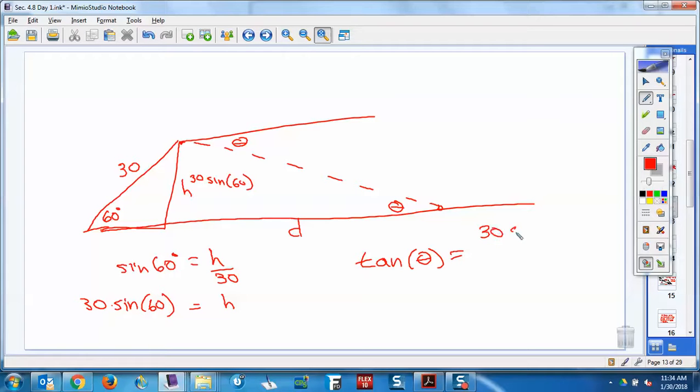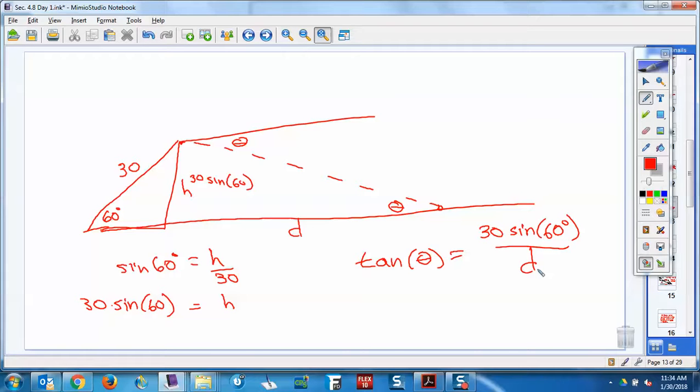equals 30 sine 60, or if you went ahead and got a decimal for that, that's fine. That'd be perfectly fine. But I like writing it out just because I don't have to worry about rounding and all that stuff. Over d, right? Now, I would be okay if you stopped right there, but it says find theta in terms of d.